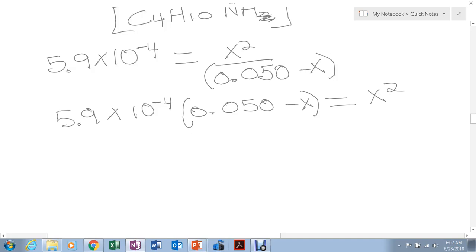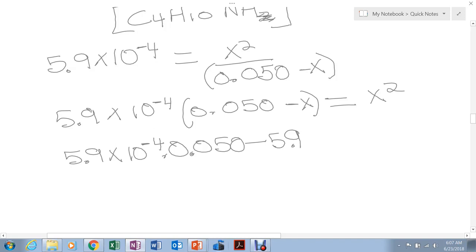So this is going to be 5.9 by 10 to the negative 4 multiplied by 0.050 minus 5.9 by 10 to the negative 4 x, doing distributive property, equals x squared.